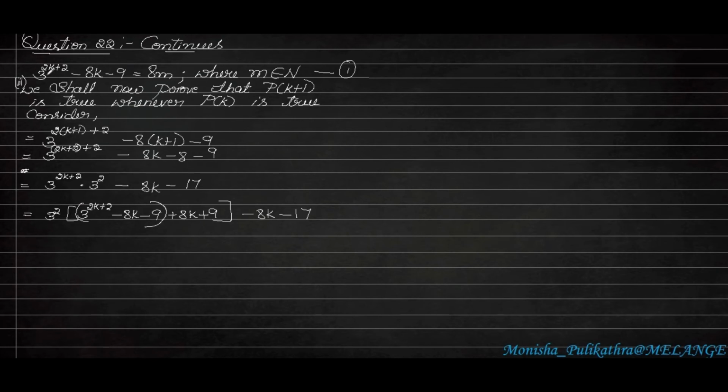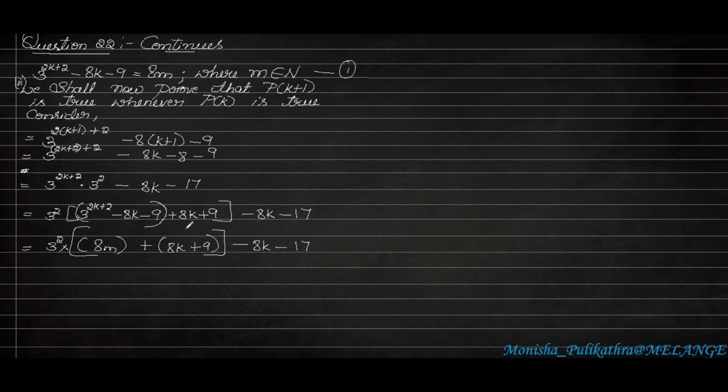From equation 1, 3 to the power of 2k plus 2 minus 8k minus 9 is equal to 8m. So instead of that, we can take 8m and plus 8k plus 9 as a separate group. 8k plus 9 minus 8k and minus 17. Okay.